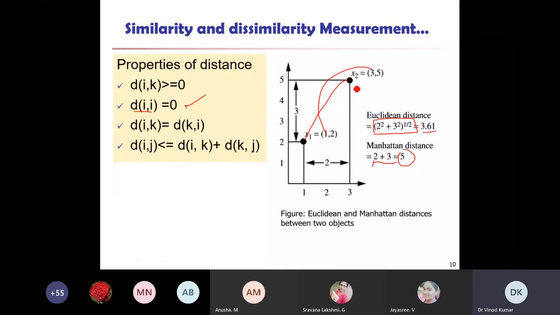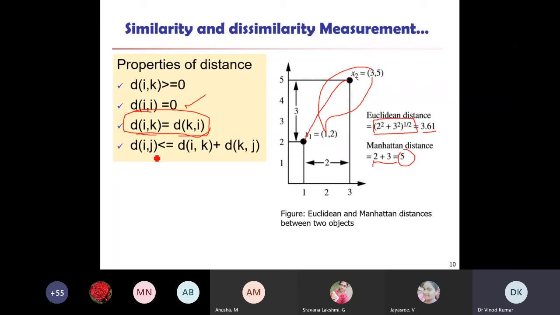There is no difference whether I take 3 minus 1 or 1 minus 3, or 2 minus 5 or 5 minus 2. The order doesn't impact.